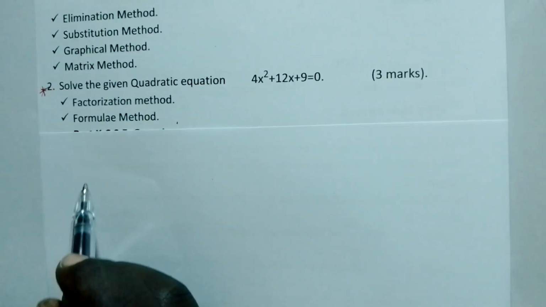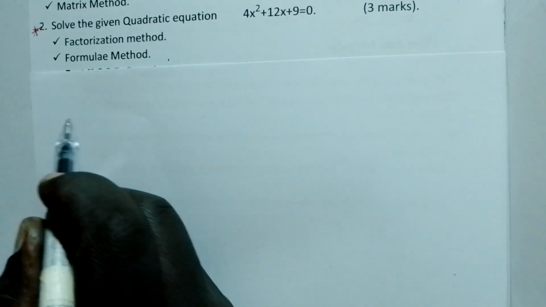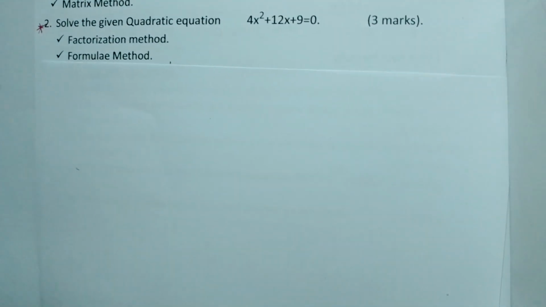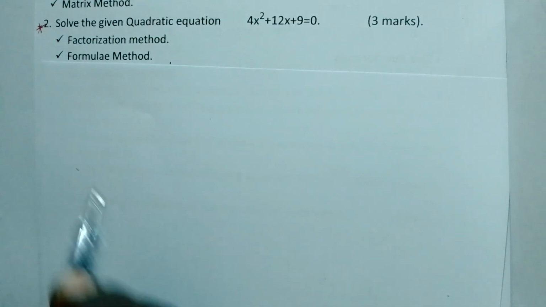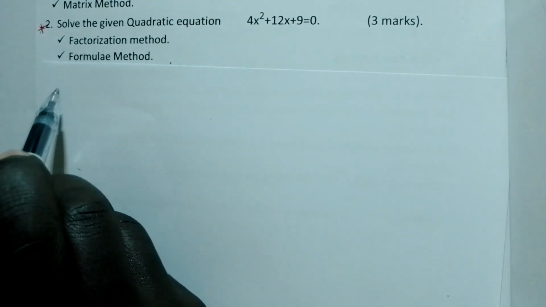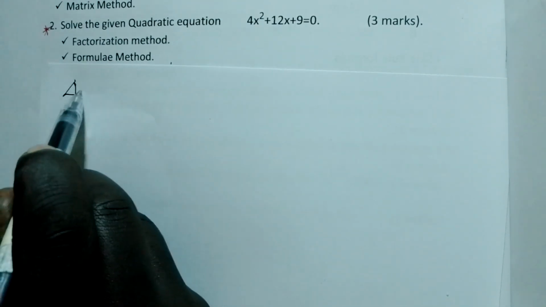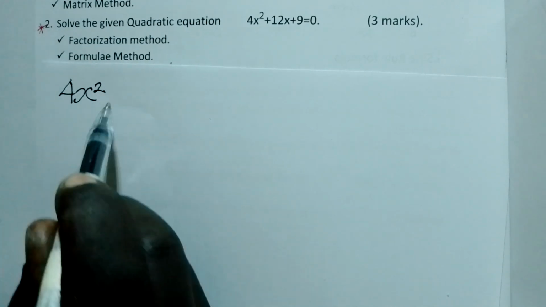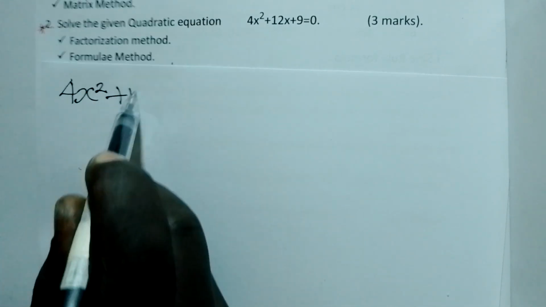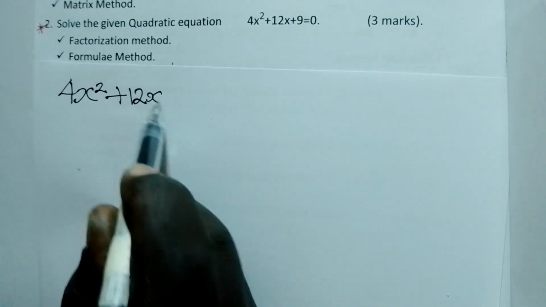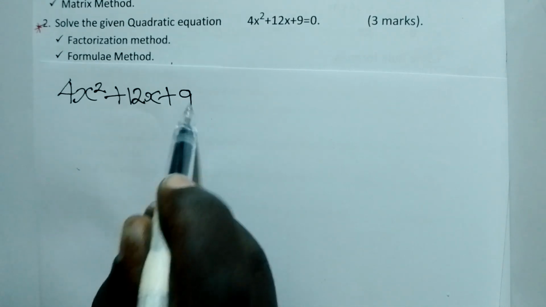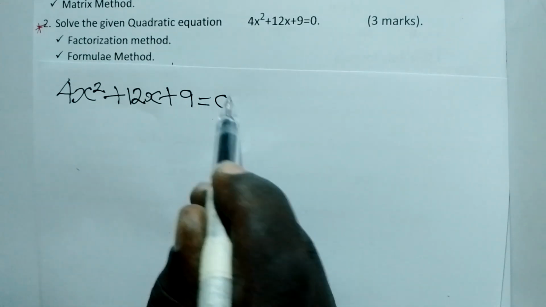So in this particular case, the equation is given by 4x squared plus 12x plus 9 is equal to 0.